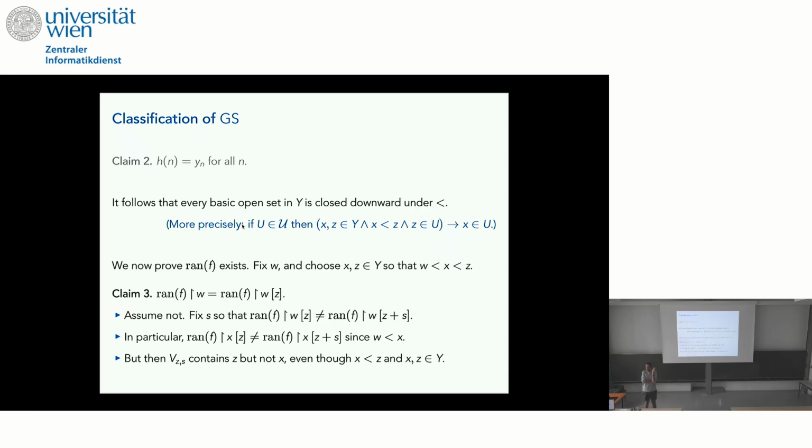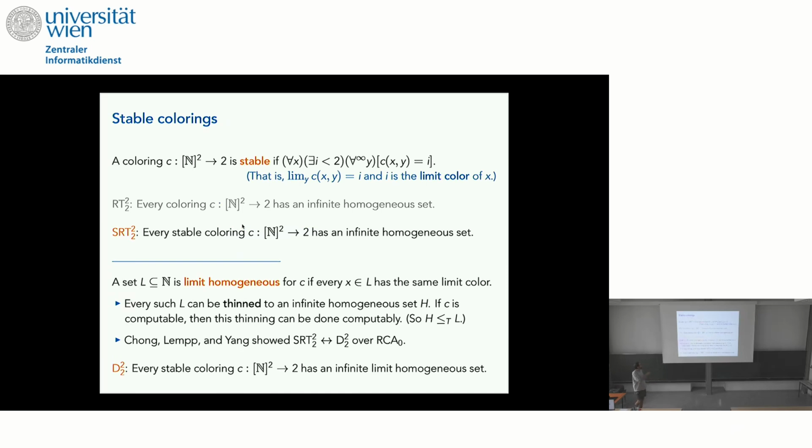But to think about Ramsey's theorem for pairs, and in particular, a fruitful way that Ramsey's theorem for pairs was studied over the last 20, 30 years, and indeed, most of the combinatorial principles in this kind of study in reverse math and computability, which is to look at not the full principles, it's too complicated, but to look at decompositions of those principles into somehow better behaved versions of those principles. And what we call that is stability and cohesiveness. And for Ramsey's theorem, it takes the following form.